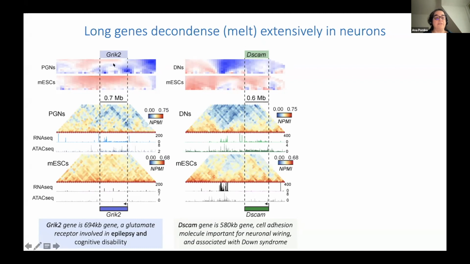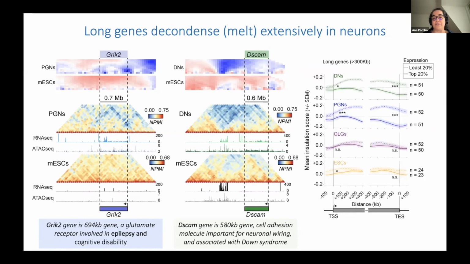Now we could see this decondensation in our insulation maps that are taken using different insulation boxes. And we were interested to know whether there was a preference for the loss of insulation more at the promoter or throughout the coding region or at the end. We also wanted to know, in a more unbiased way, whether this was happening equally to the same extent in the different brain cell types and also in ES cells, where long genes or some long genes are also expressed.